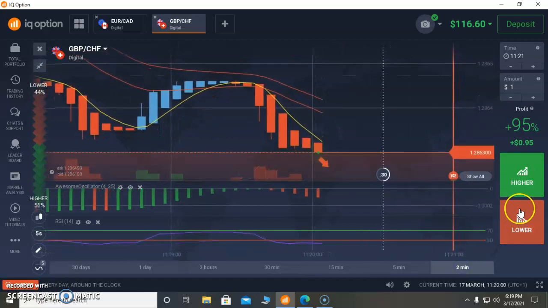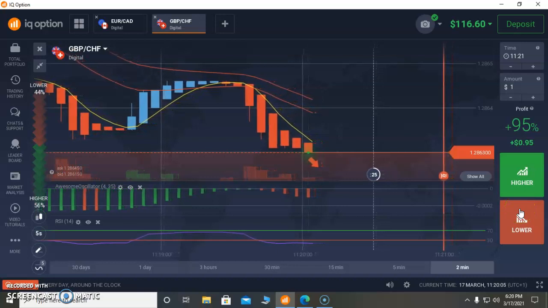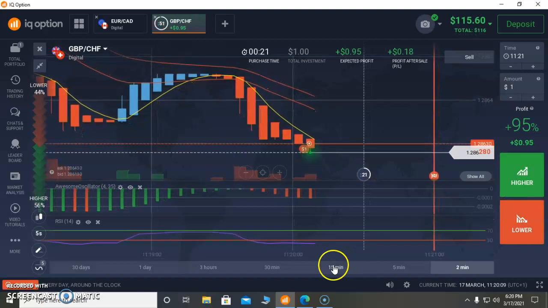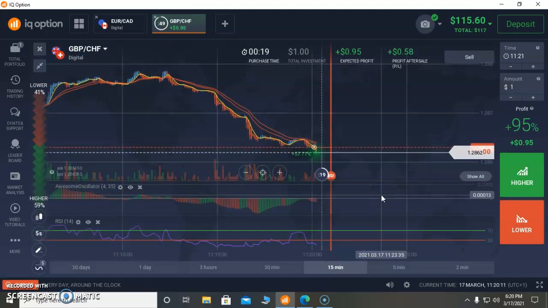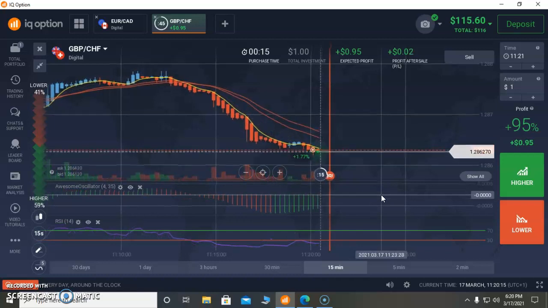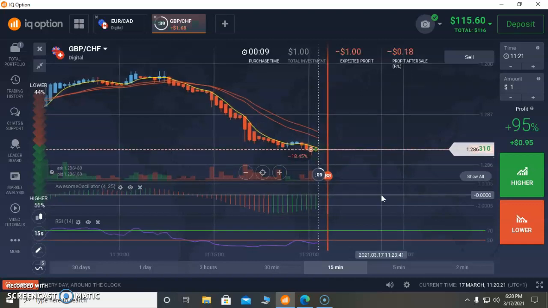Continue to trade. Trust the trend. Alright. We are using 15 minutes and 2 minutes time frame to trade.